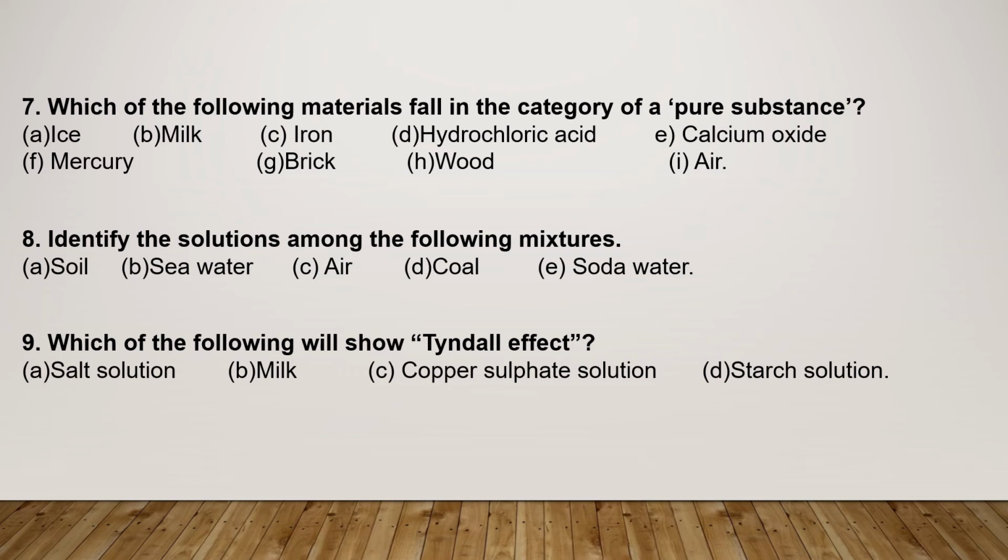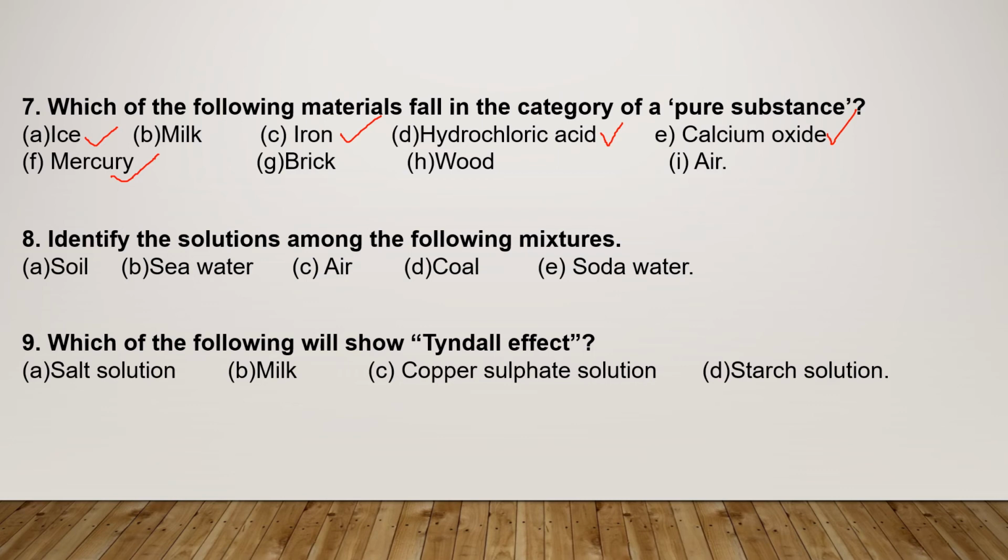Pure substances are ice, iron, hydrochloric acid, calcium oxide and mercury. Once again I will repeat it: ice, iron, hydrochloric acid, calcium oxide and mercury. And these answers also you can do in your textbook.